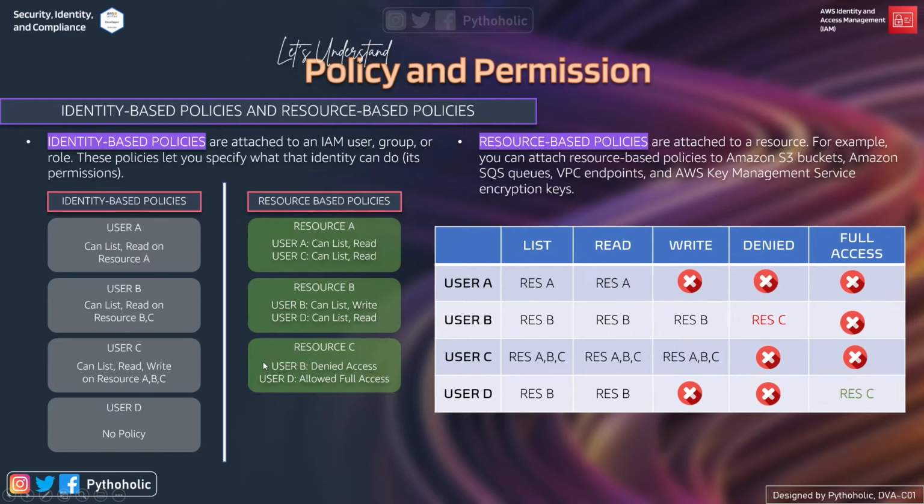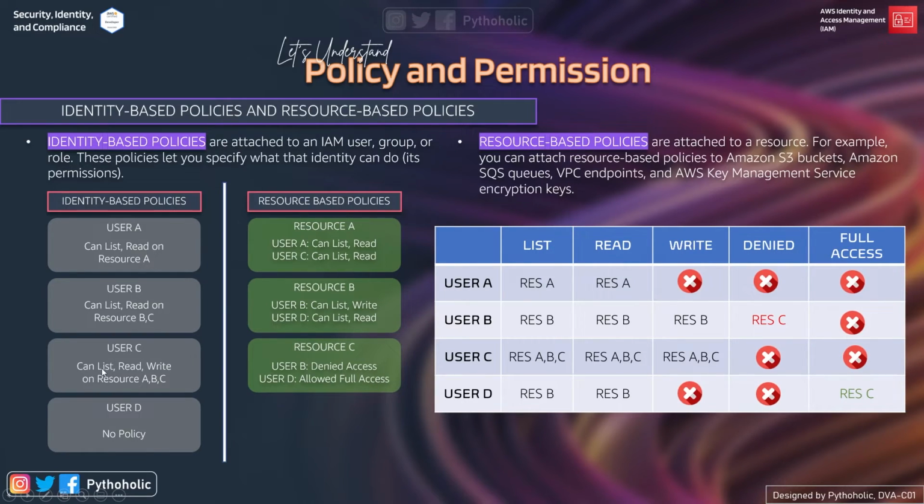But on resource C, B does not have any access, because it is denied. And on resource A it has no access either, so it is an implicit deny.